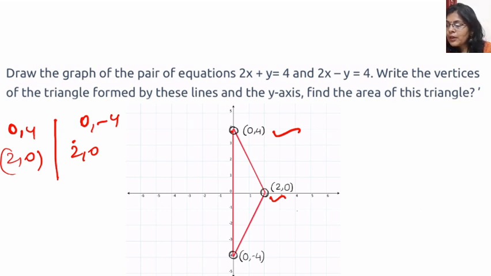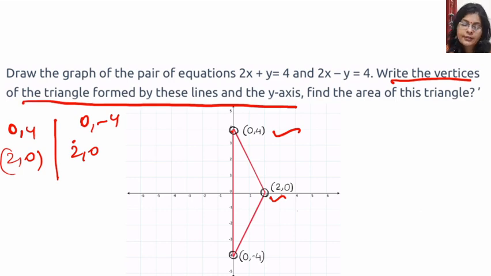Then we will try to make a line. So what do we see? This is the type of triangle formed. Now the main question arises from here: write the vertices of the triangle formed by these lines and the y-axis.